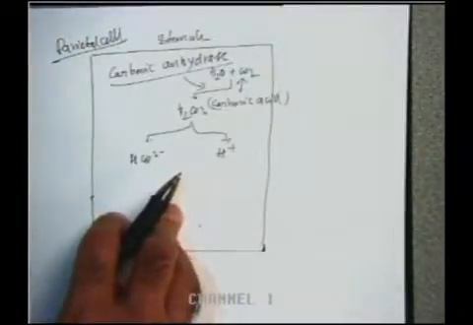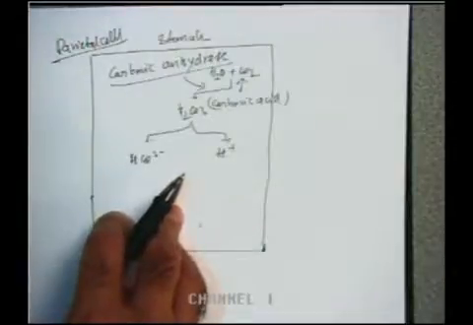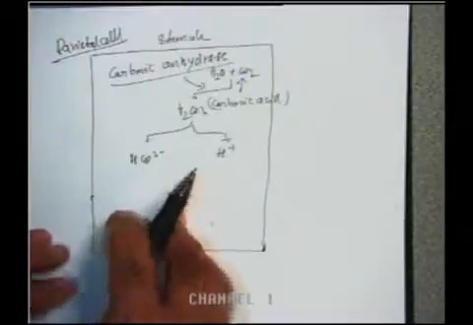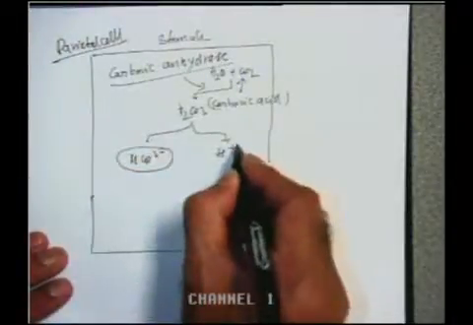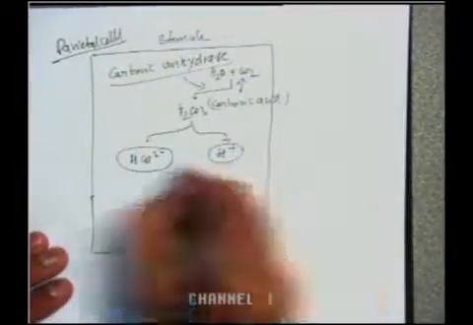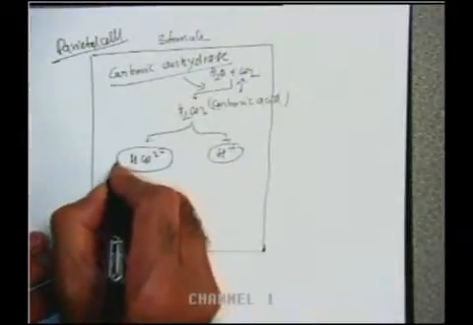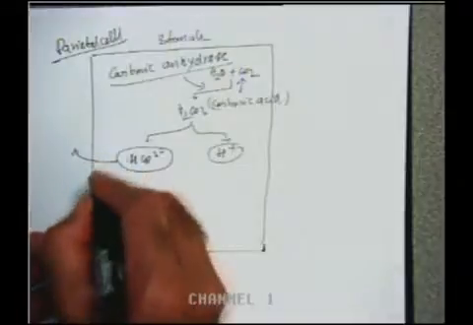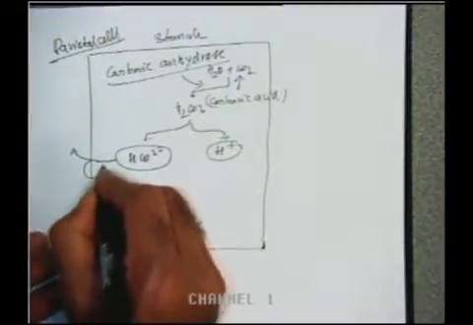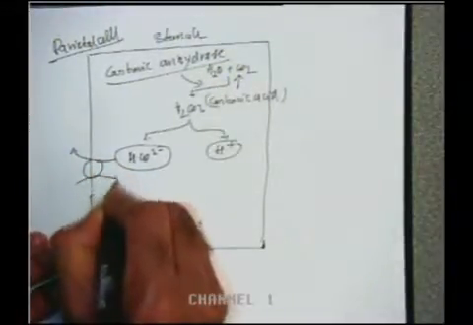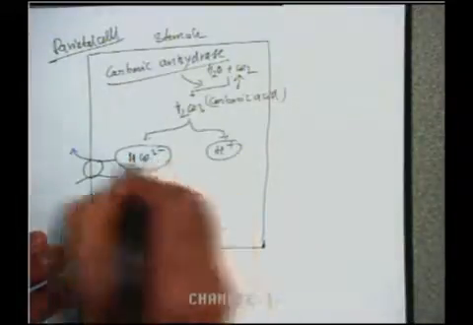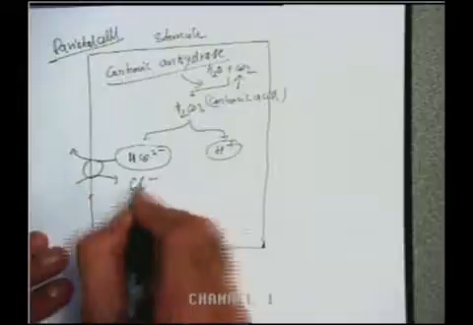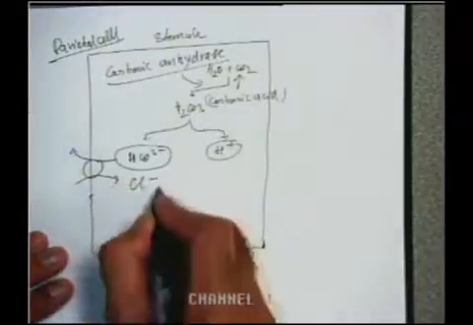But the same carbonic acid is present in our parietal cell, where H plus and HCO3 minus bicarbonate disintegration is taking place. This bicarbonate now will go out through a transporter, an antiport mechanism, where a bicarbonate ion goes out and a chloride ion can be imported into the cell.